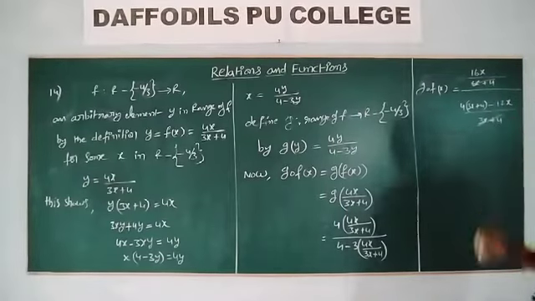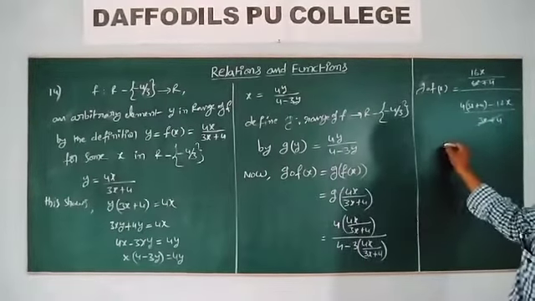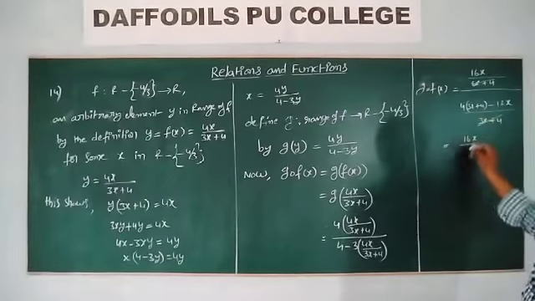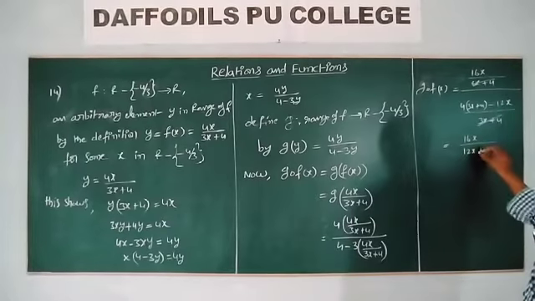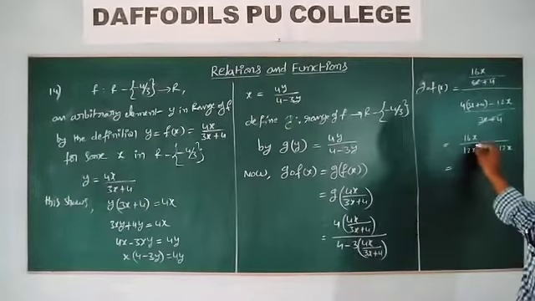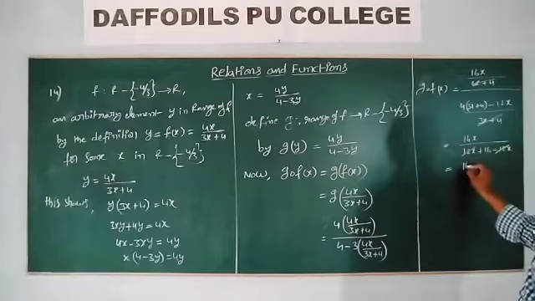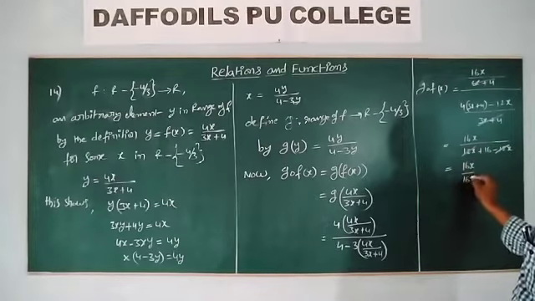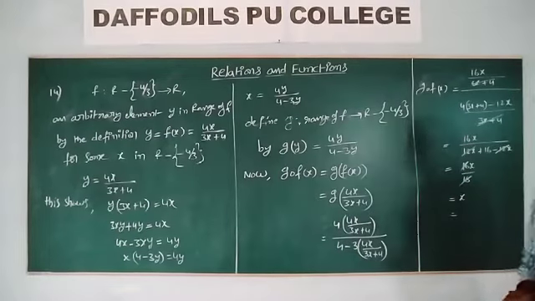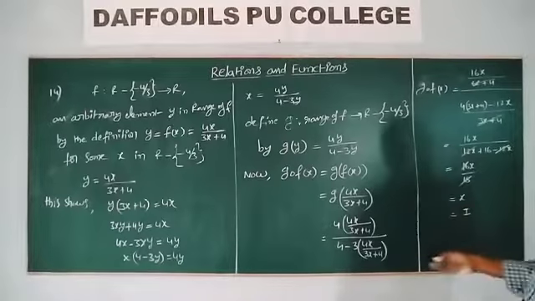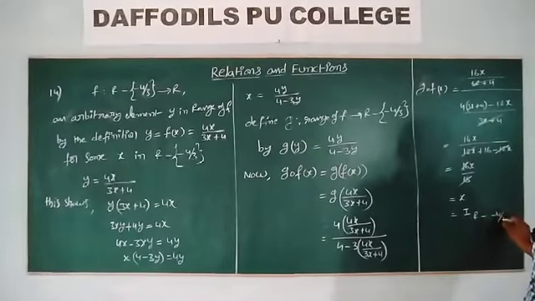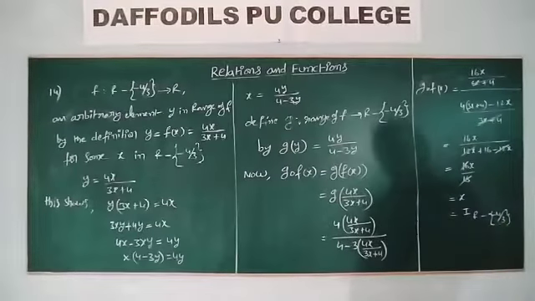The denominators cancel. The numerator is 16x, the denominator is 16 plus 12x minus 12x, and 12x cancels. 16x by 16, cancel, gives x. So this is the identity function on the domain. What is the domain? R minus minus 4 by 3.